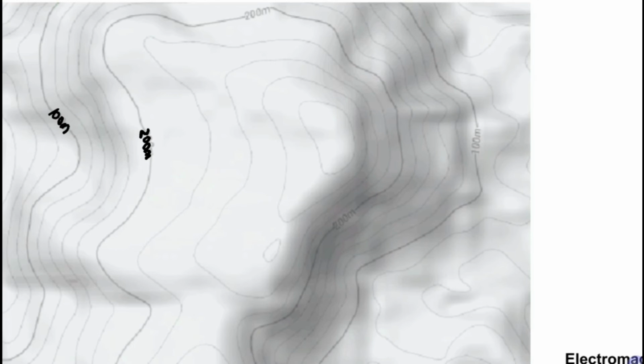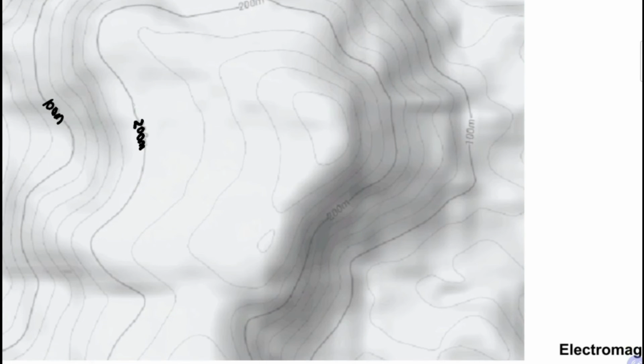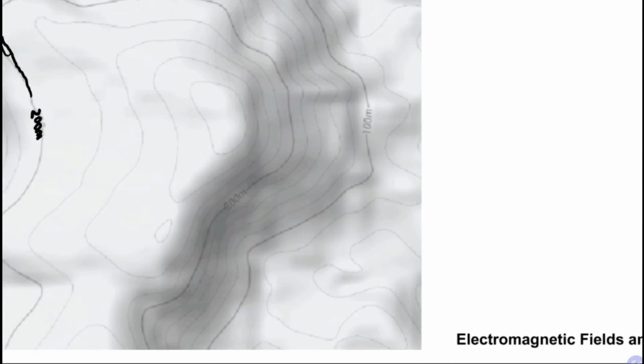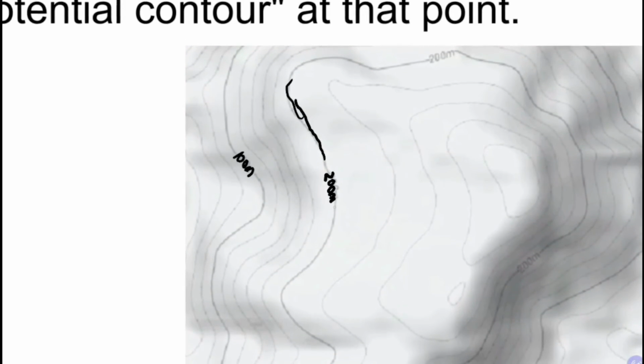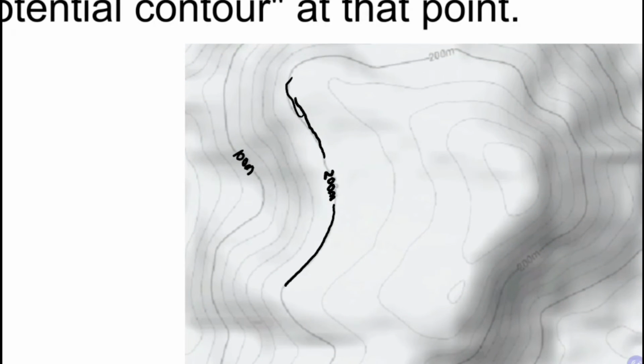If you look at the map, there are contours around it. This line tells you that all along this contour is a height of 200 meters on the hill. So this is a hill, and along all this part they are all the same height of 200 meters from ground level, and here is all 100 meters.